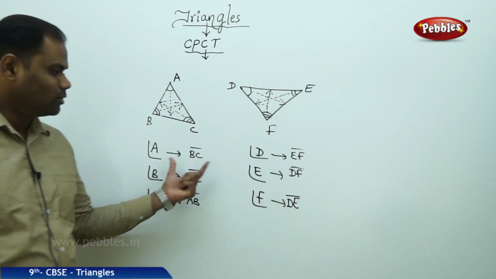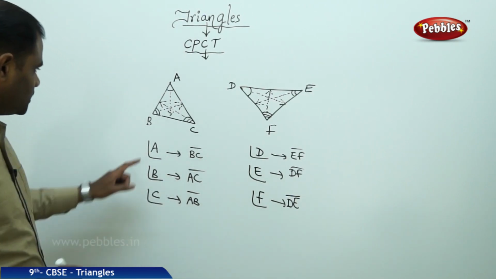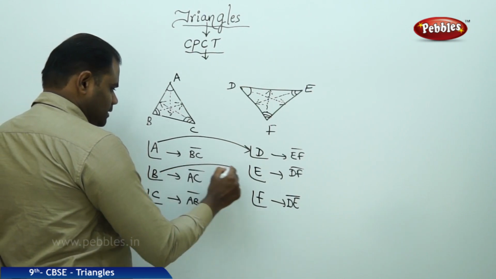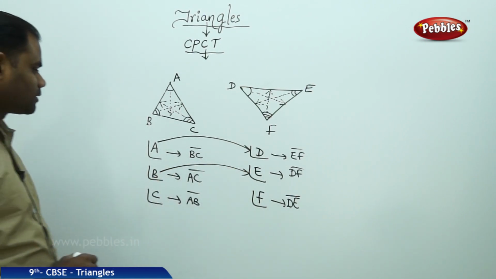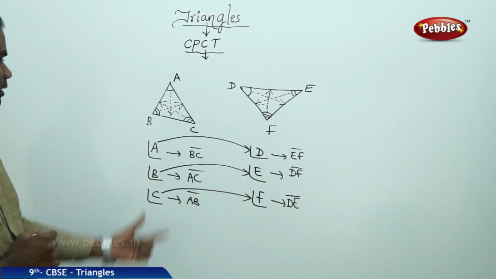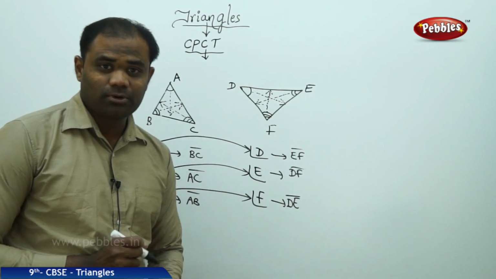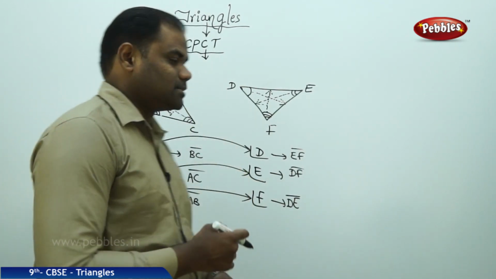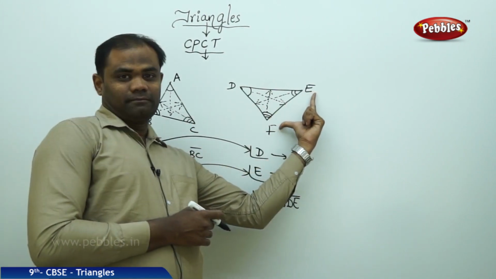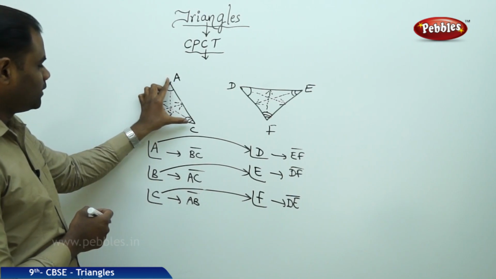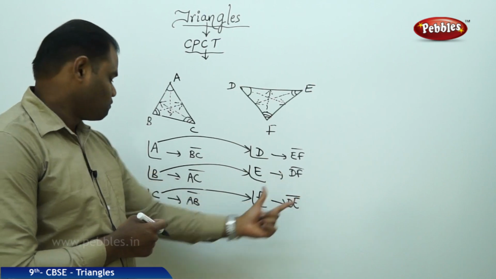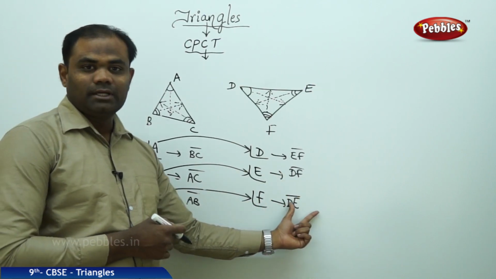Now, let's see all three cases. Since angle D is the corresponding angle for A, angle E is the corresponding angle for angle B, and angle F is the corresponding angle for C, the corresponding sides are the corresponding sides of the two triangles. That is, the corresponding side of BC is EF, the corresponding side of AC is DF, and the corresponding side of AB is DE.